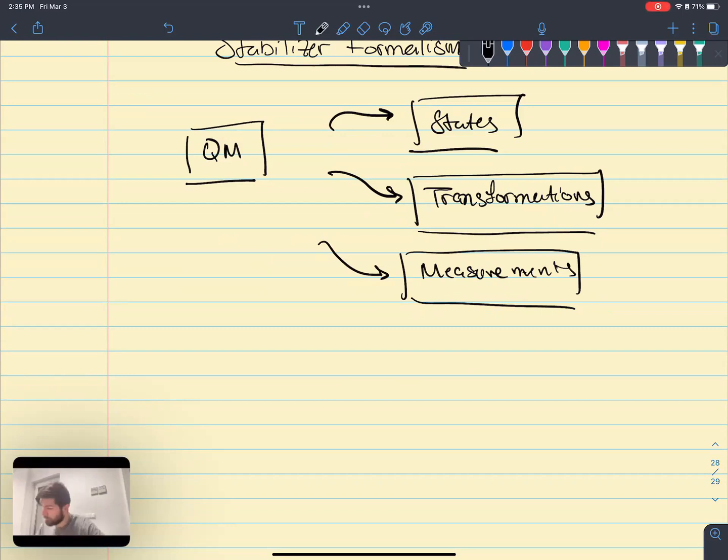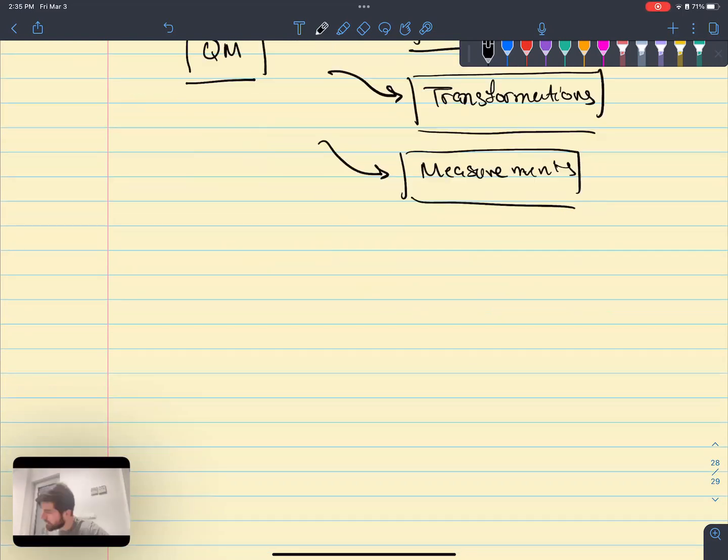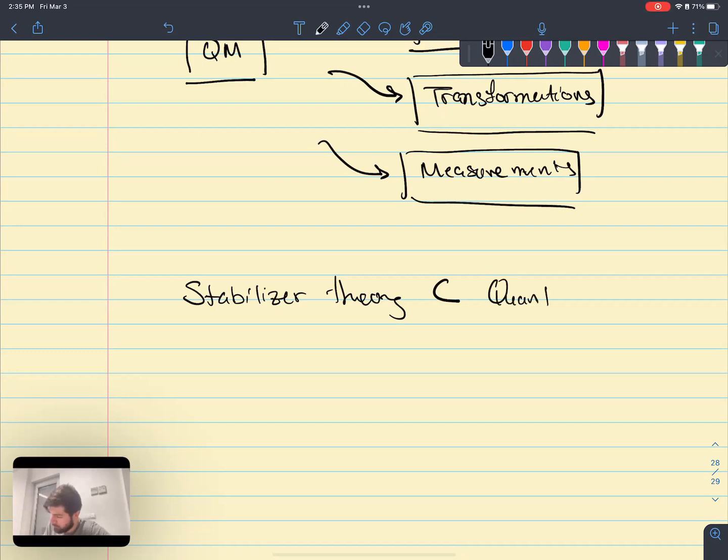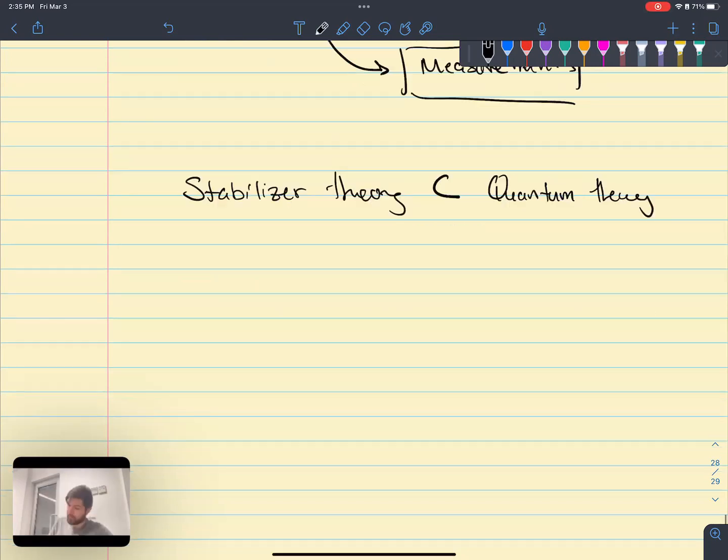However, there is something called stabilizer theory, which is a sub part of quantum theory, in the sense that there's a set of states, gates, and measurements.